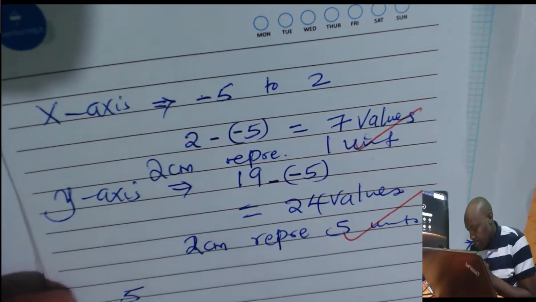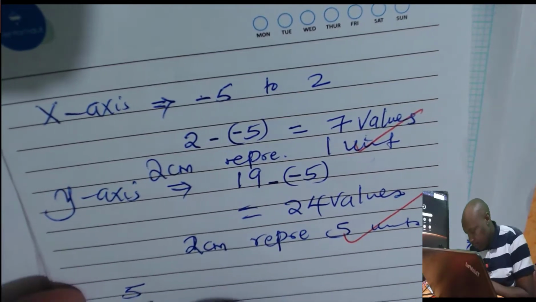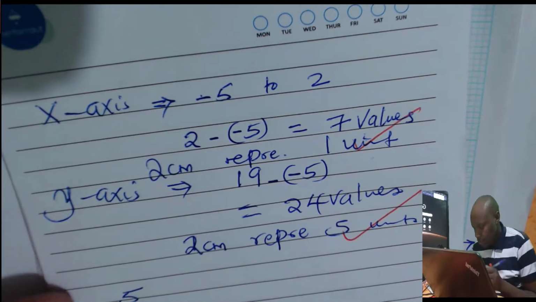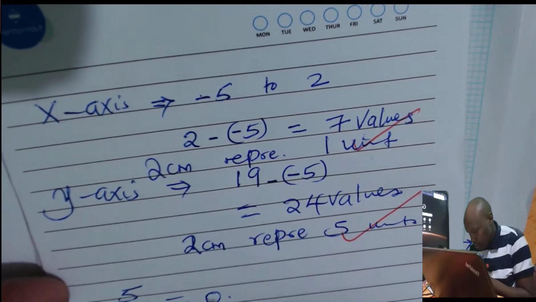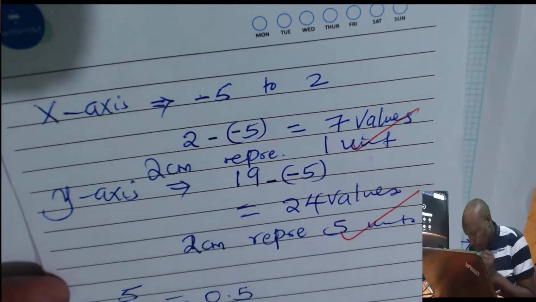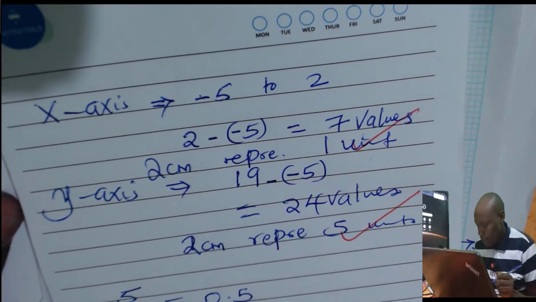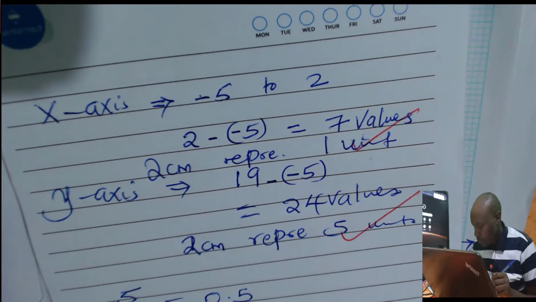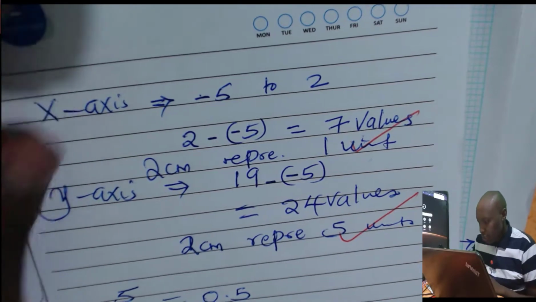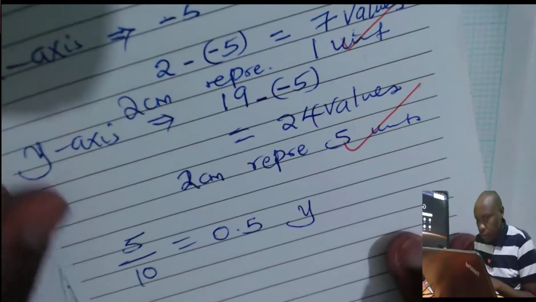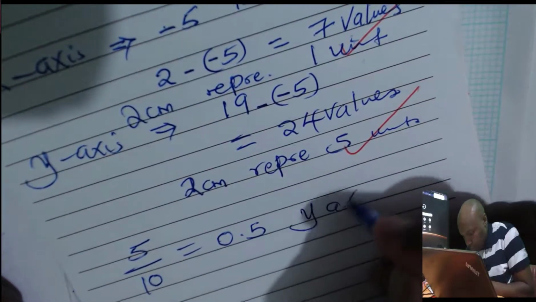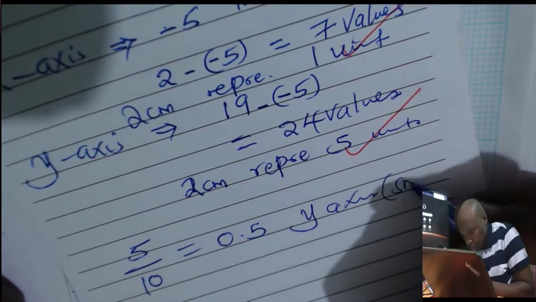Then I divide inside those 2 squares. We have 10 small squares, so meaning that one small square will represent 0.5. So that is how you get it. This is for the y-axis. That is a small square.